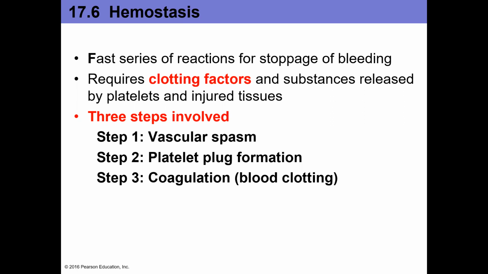So let's say the distance between my thumb and my index finger is a cut. When there is a cut, the spasm will try to bring the edges together and make that cut narrower. This is simply done by the smooth muscle that lines the arteries.